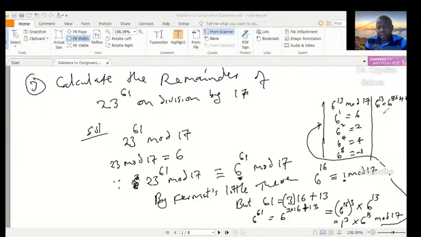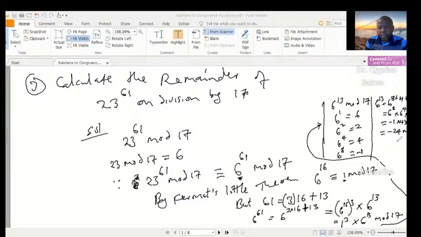So that means I have 6 raised to 8 times 6 raised to 4 times 6 raised to 1. What is 6 raised to 8? It is negative 1. 6 raised to 4 is 4. And 6 raised to 1 is 6. So this product is negative 24, remember, mod 17.